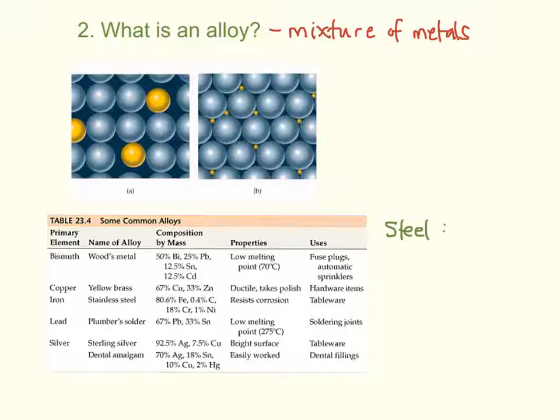Steel is an alloy of iron and carbon. Steel would be something more like this, where you've got iron atoms and then little carbon atoms mixed in with it. So that's an alloy. And you need to understand that, of course, you assume there are electrons within the spaces here that are all free to move around in the spaces between the atoms.